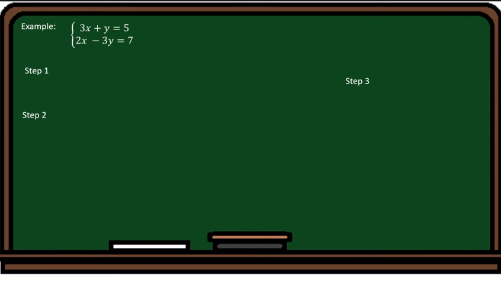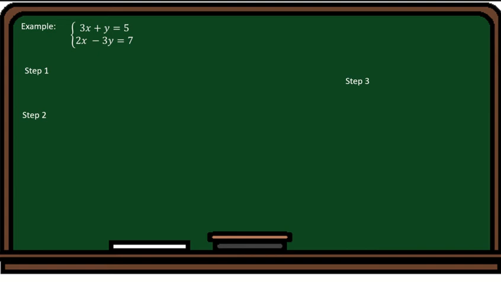So let's have the example. We have the system of linear equations 3x plus y equals 5 and 2x minus 3y equals 7. So following the steps, step 1, write the equations in standard form. In this case, the given is already in standard form.